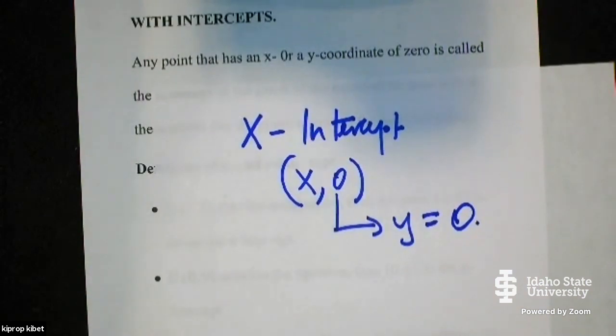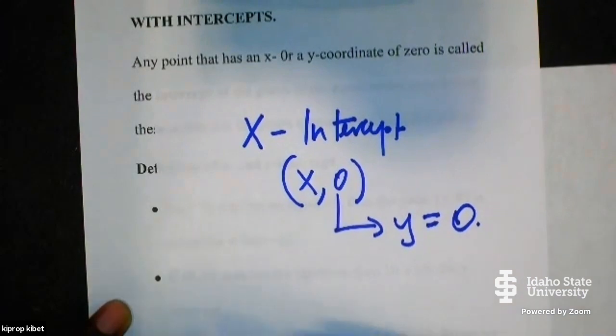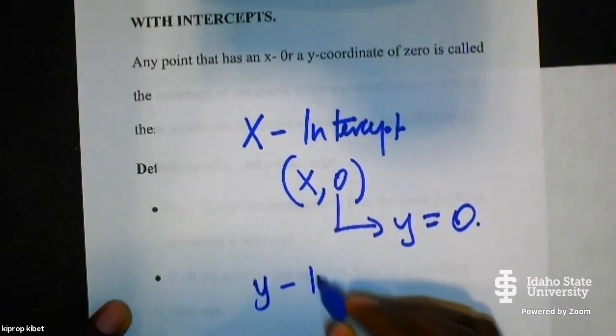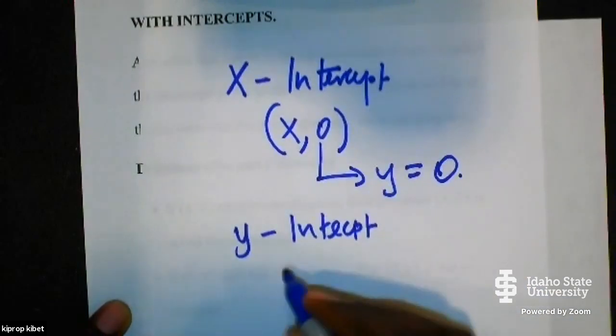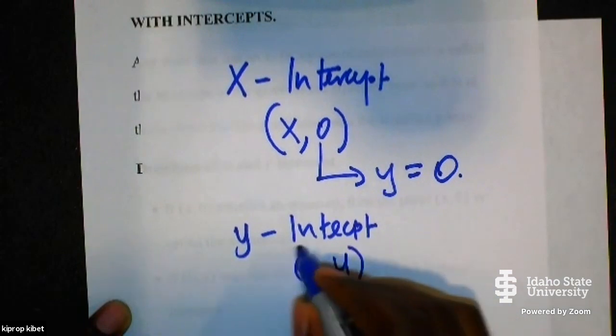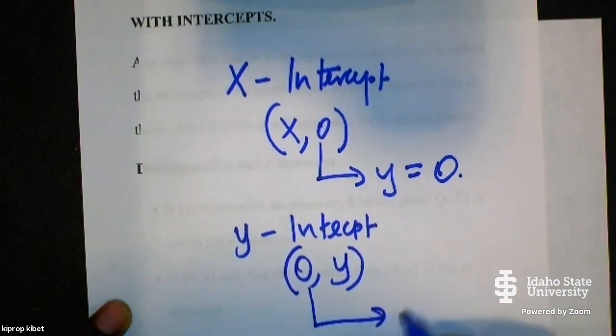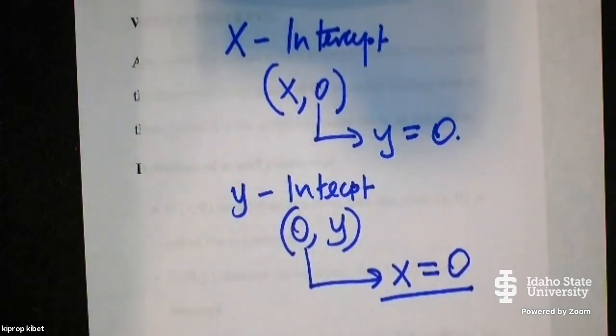The x-intercept is the point where y equals 0. Then the y-intercept is where we can write it like this, and this one is the point where x equals 0.